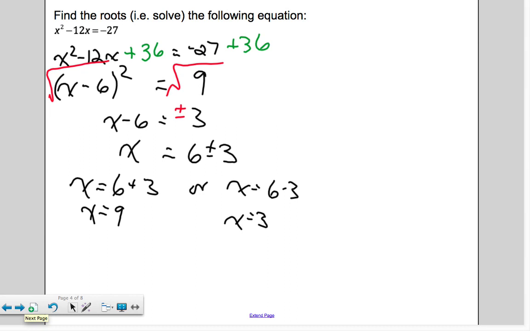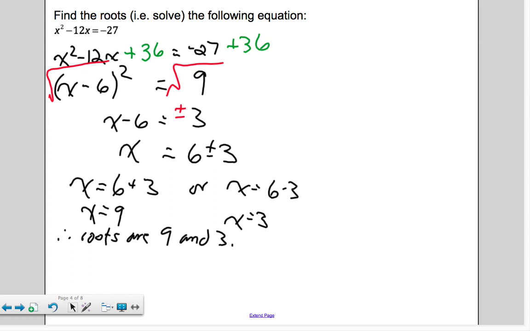So therefore our roots are 9 and 3. Right? And we see if we plug in our initial equation back into here, well, what's 9 squared? 81 minus 12 times 9 is 108.